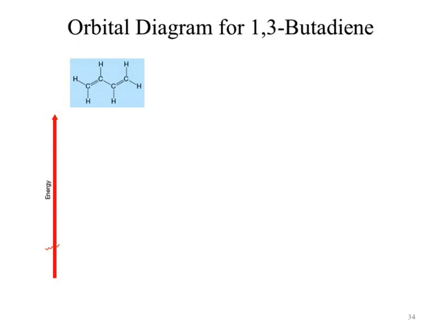What happens if we looked at an orbital diagram for 1,3-butadiene? How many sigma bonds do we have? 1, 2, 3, 4, 5, 6, 7, 8, 9. 9 sigma, which means I have 9 sigma bonding and 9 sigma star anti-bonding.